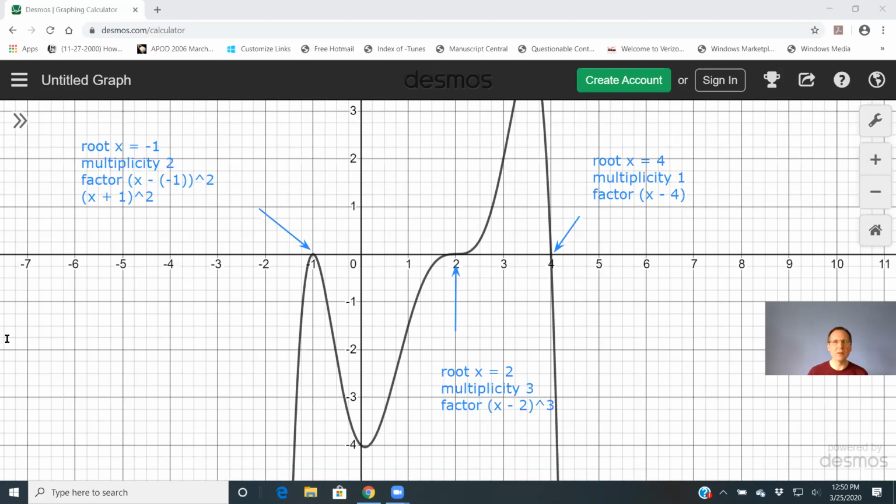So my polynomial will look like f of x equals some factor a, times (x plus 1) squared, times (x minus 2) cubed, times (x minus 4).